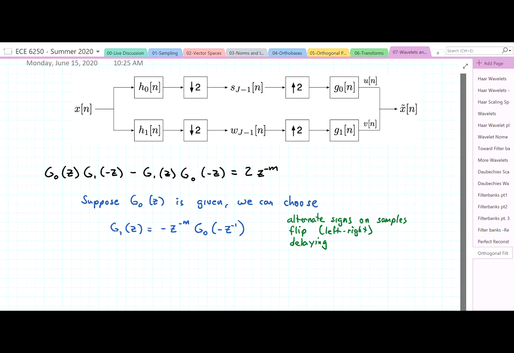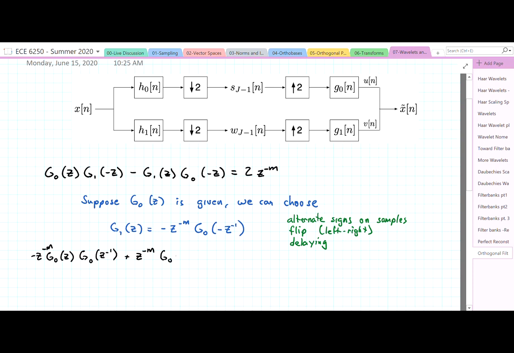Okay, so if we do this, then we get G naught of Z, negative Z to the negative M out front there, and this is going to be G naught Z to the minus 1, and here we're going to have negative Z to the minus M, so that becomes positive.